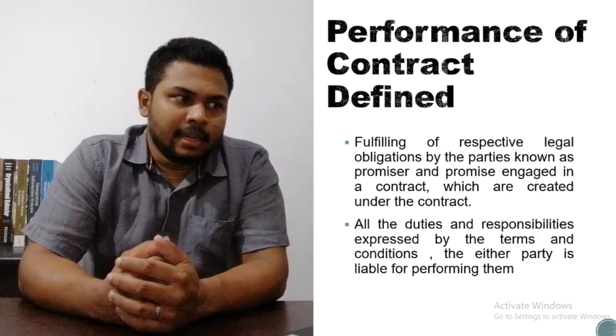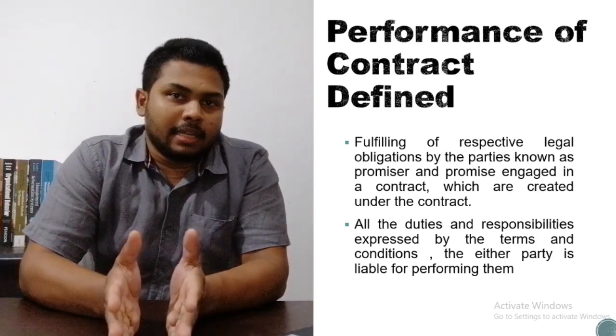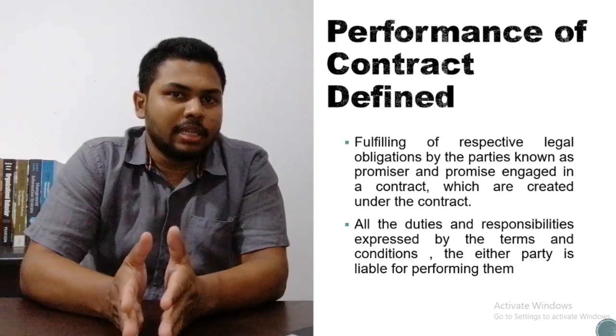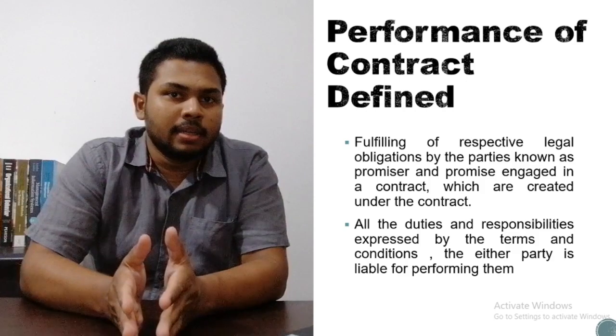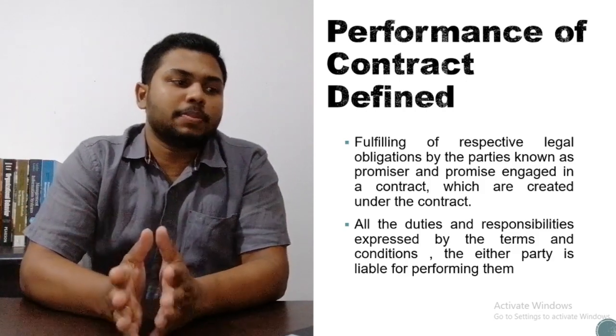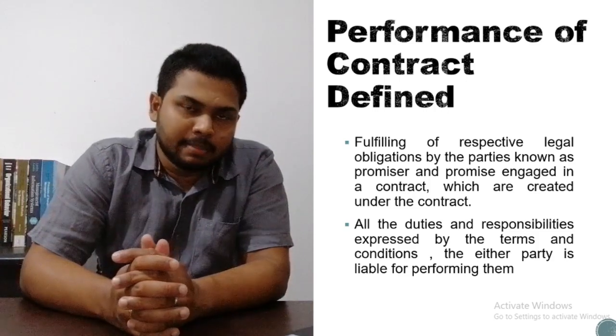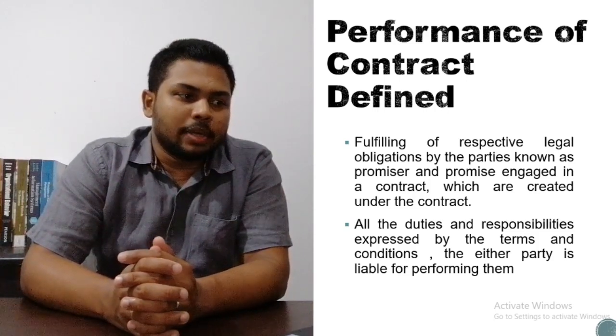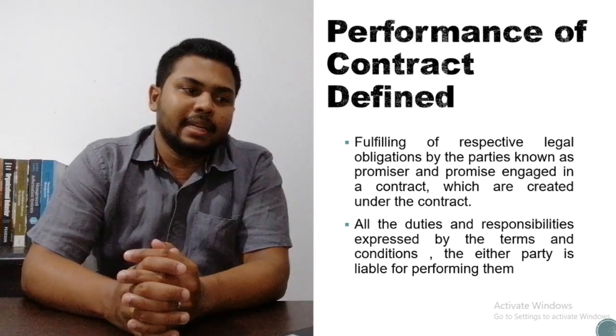In that case, either party fulfilling all the necessary things mentioned in the contract is called performing the contract. I told you about express terms and implied terms. Either party is liable for performing the duties and responsibilities expressed by the terms and conditions.